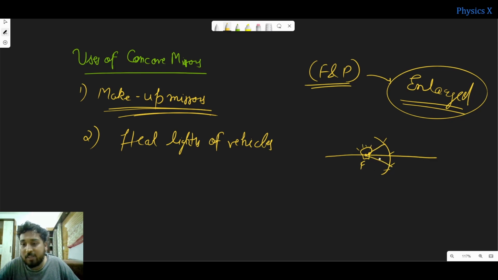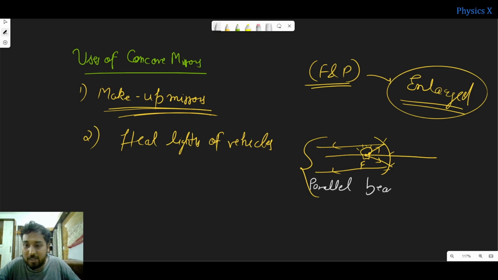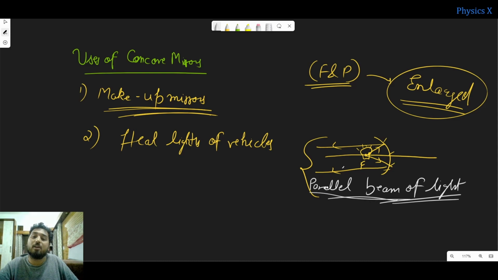The incident rays will be emitted like this, and they will become parallel to the principal axis. So you will observe this powerful parallel beam of light, which is very great for enhanced vision, and this parallel beam of light is required. That is why it is used in headlights of vehicles.